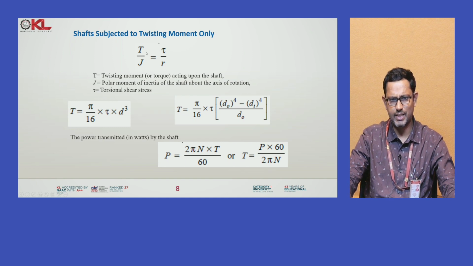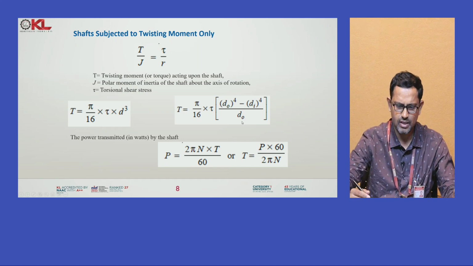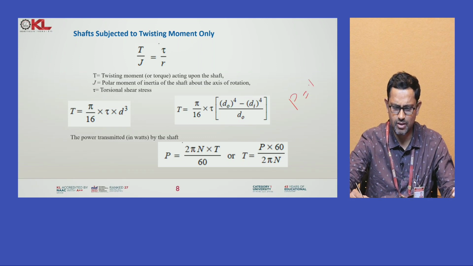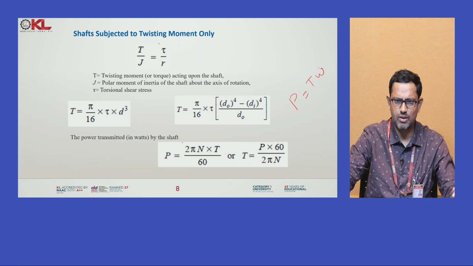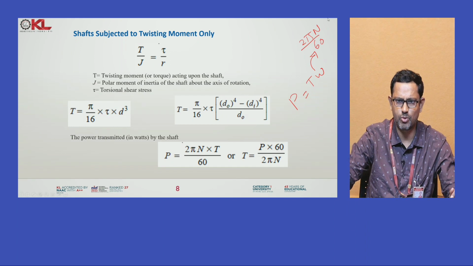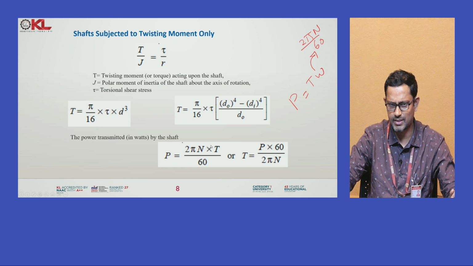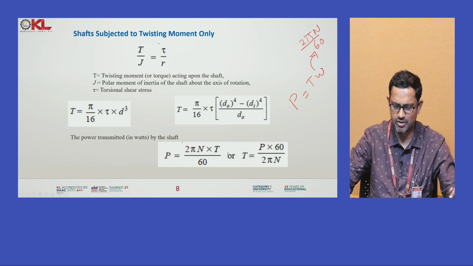In order to calculate the twisting moment, we know that the power transmitted by shaft is P is equal to torque into omega, and omega is equal to 2 pi n by 60. By substituting, we get power is equal to 2 pi n T by 60. From this equation, if you know the power transmitted by the shaft, you can calculate the twisting moment.